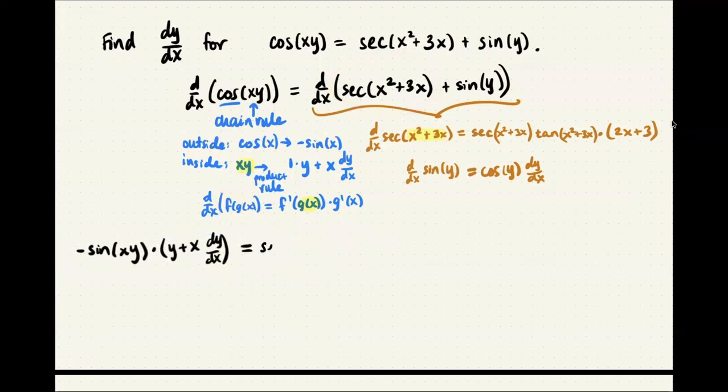So I have secant(x squared plus 3x) tangent(x squared plus 3x) times (2x plus 3). That's all coming from this computation. Plus the derivative of this expression, which we found was cosine y dy/dx.